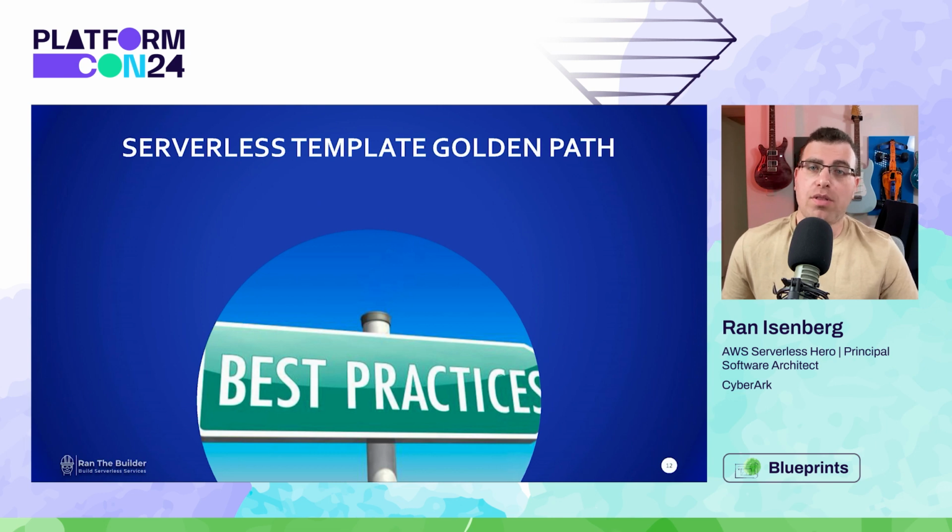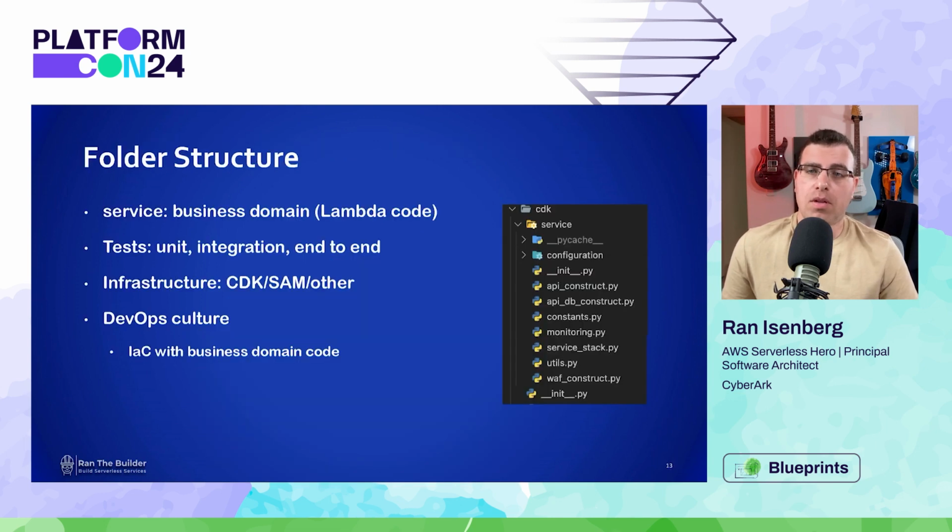Now let's talk about what these templates need to contain. Starting from the folder structure, you're going to have the service, the business domain, the Lambda code. Then you're going to have the tests folder, with the unit tests and the end-to-end tests. And then you're going to have the infrastructure, which is very critical. I used CDK, but you can use SAM, Terraform, whatever you want.